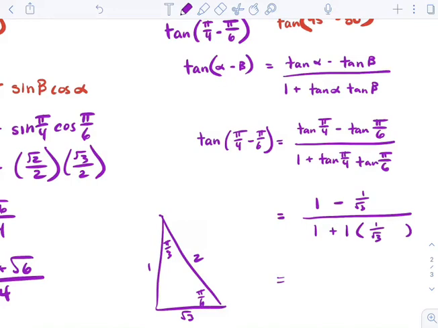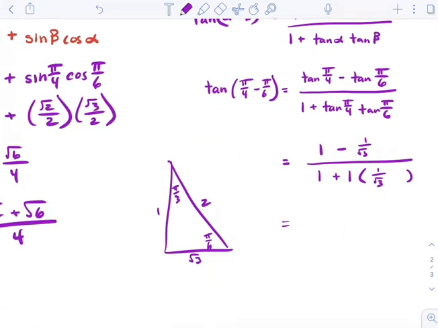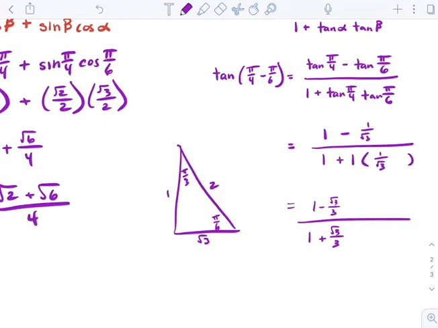So I need to simplify what we've got here. We have a numerator of 1 minus 1 over root 3, or 1 minus root 3 over 3. I have a denominator of 1 plus root 3 over 3. I can do a little bit of algebra, get common denominators.